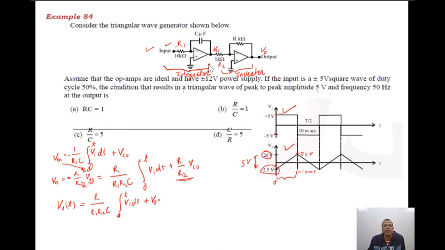So at t equal to 10 millisecond the output voltage is 2.5 volt, right? But for the period from 0 to t, what is the input? And what is the initial voltage V0 minus? V0 minus is minus 2.5 volt. So I can write at t equal to 0 and at t equal to 10 milliseconds.